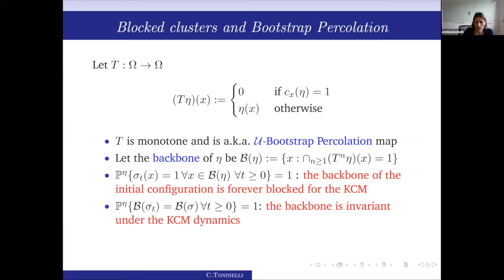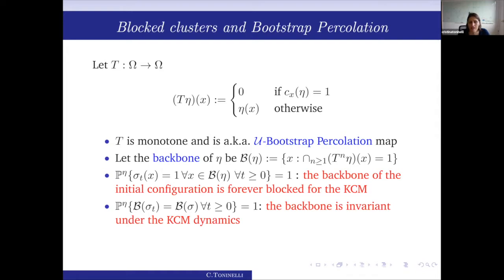So if I have a configuration that contains a backbone which remains under infinite iteration of the Bootstrap map, not only is this backbone forever occupied under the stochastic dynamics starting from the same initial configuration, but this backbone is also invariant under the dynamics.